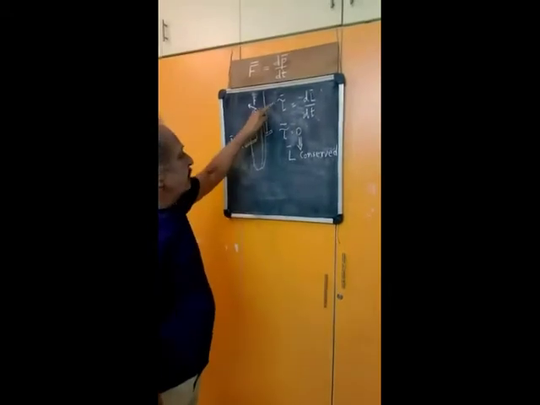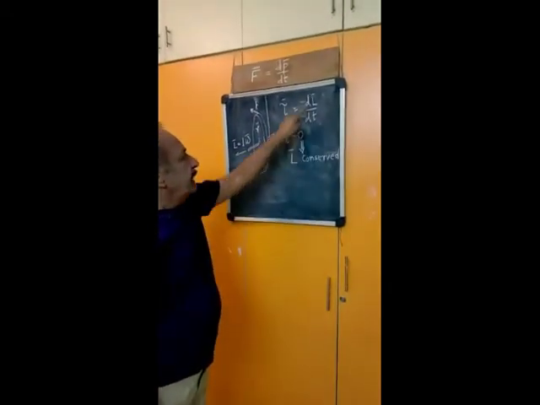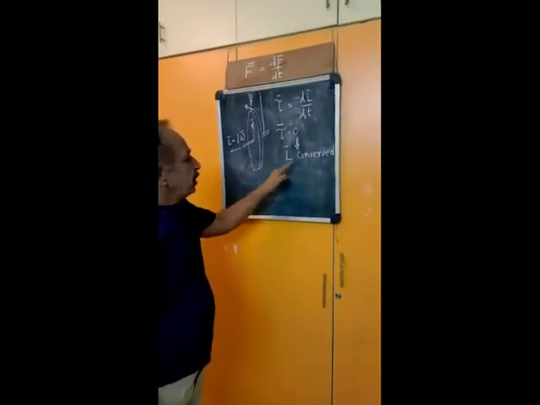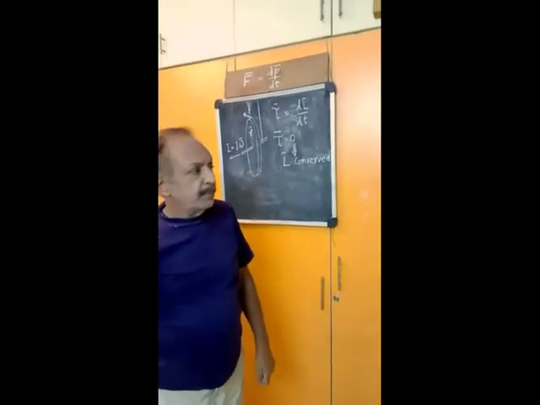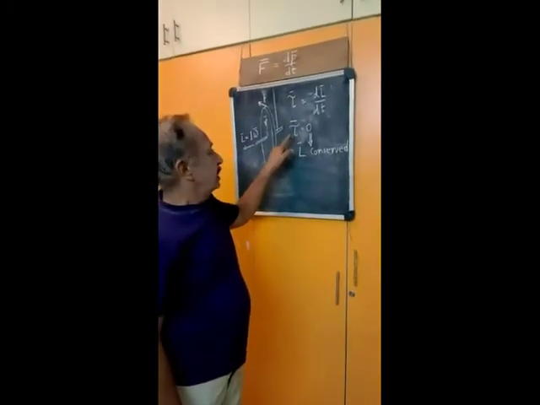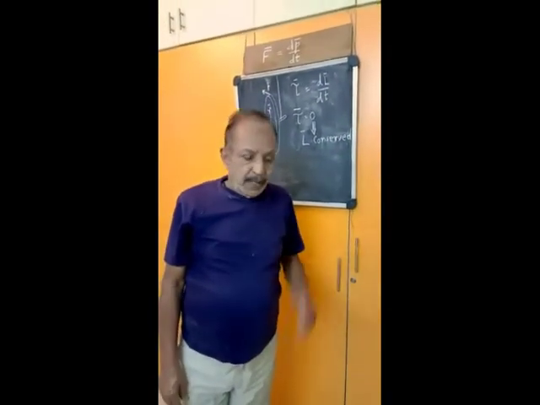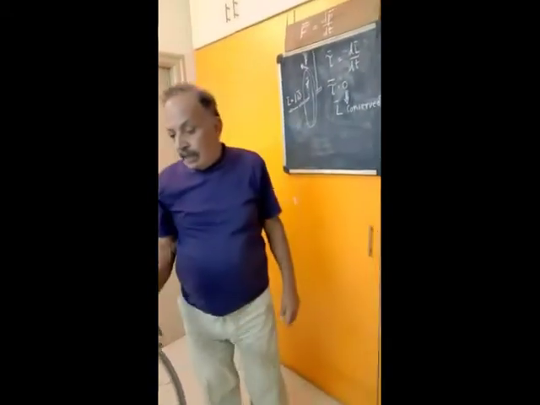So if tau is 0, that is, the torque applied is 0, L is conserved. That means angular momentum is conserved in systems on which the external torque is 0. One way to demonstrate this is using a cycle wheel.